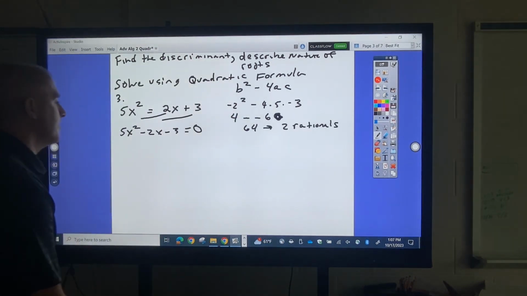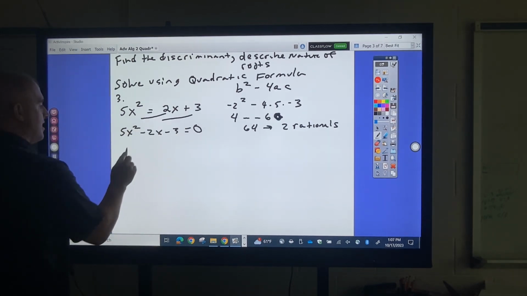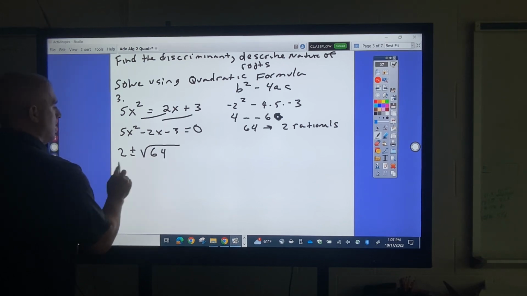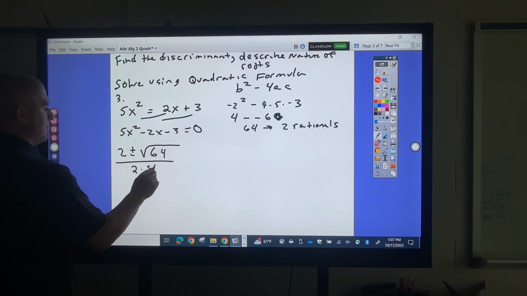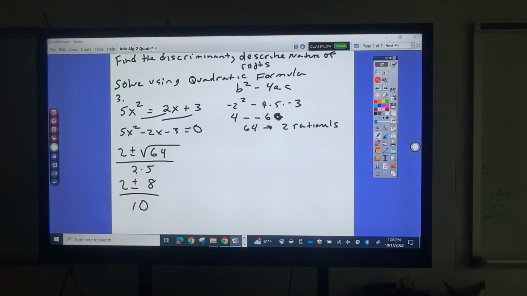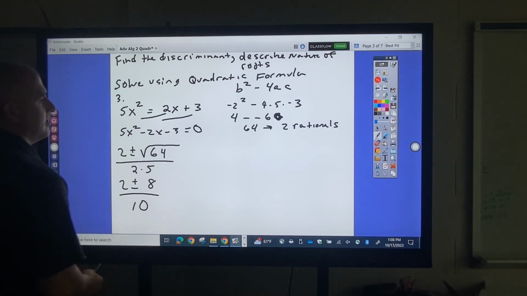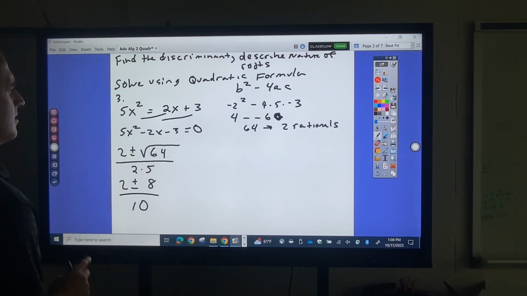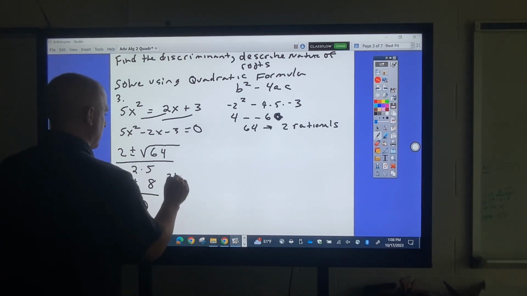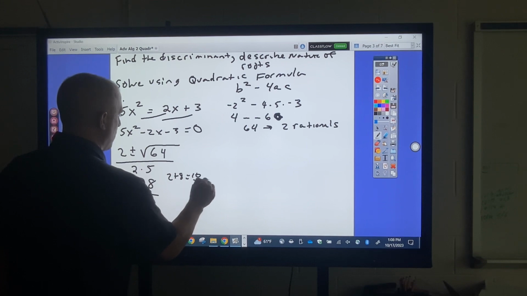All right, now let's go ahead and fill in the rest. Opposite would be 2 plus or minus square root of 64, all over 2 times 5, because that's a. That's 2 plus or minus 8 all over 10. So I got 2 plus 8, which is 10, divided by 10 would be 1.